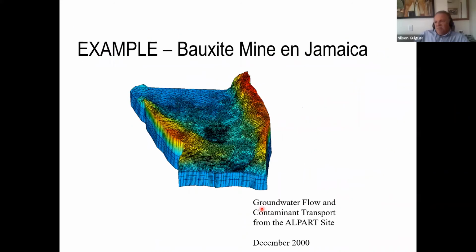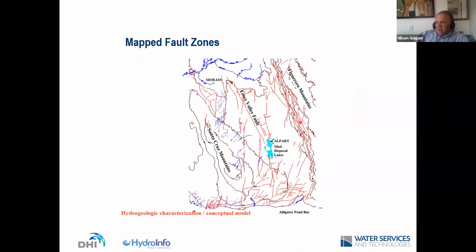One example that I'm putting today, because it's showing how advanced FEFLOW already was when we first got it at Waterloo. This was 20 years ago, but still a nice example of bauxite mining in Jamaica. That was a site that was full of faults, and there was basically a tailing pond here. It was not even a pond, not a dam, it was just a lake where they would put the tailing.